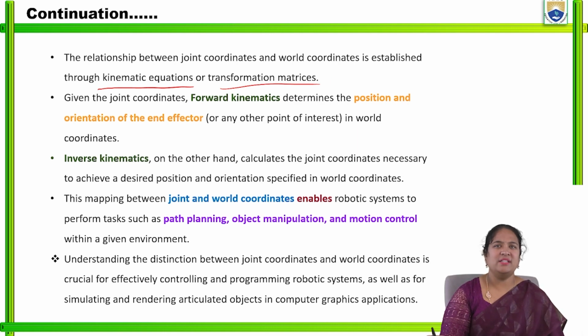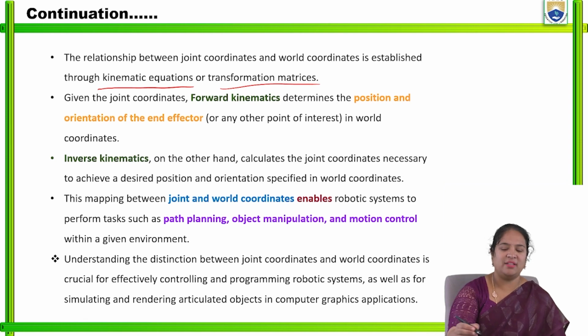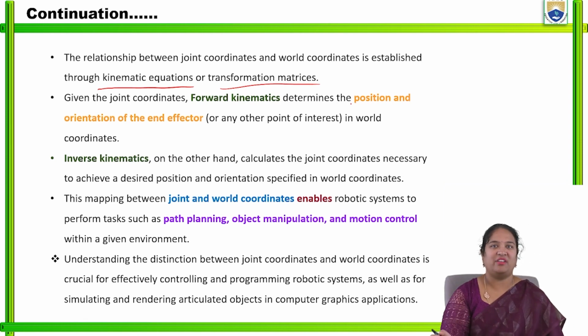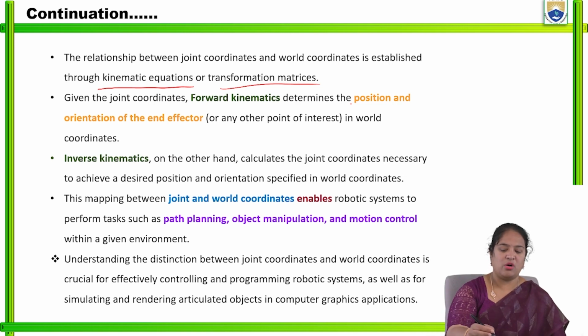For forward kinematics, we determine the position and orientation of the end effector, whereas for inverse kinematics, we calculate the joint coordinates necessary to achieve the position and orientation in the world coordinate system. Clear? For forward kinematics, we determine the position and orientation of the end effector. Whereas in inverse kinematics, with the help of the end effector, we find the joint coordinate system in terms of world coordinates.